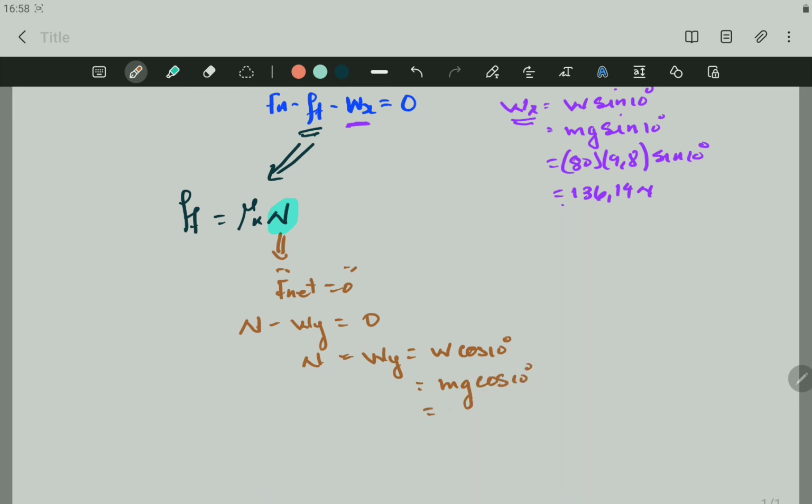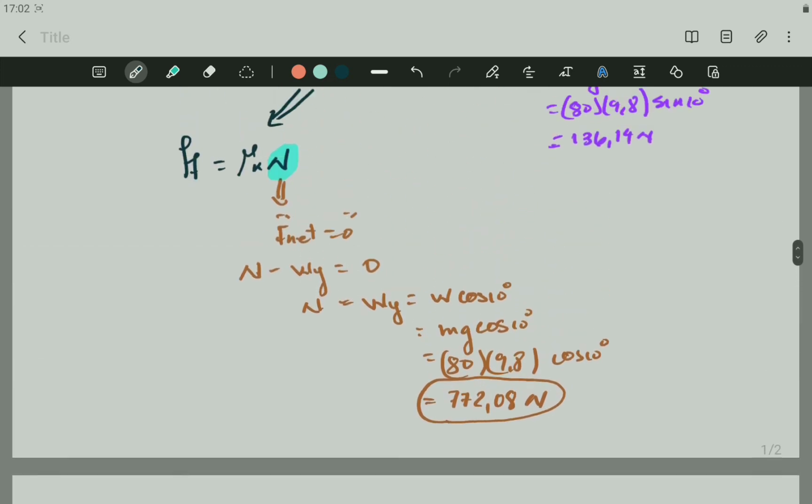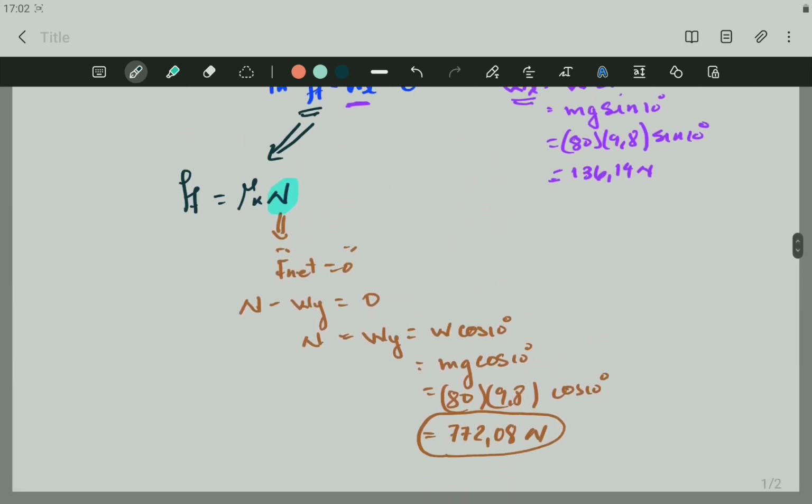If we substitute here, we have 80 multiplied by 9.8 multiplied by the cosine of 10 degrees, and the answer is going to be 772.08 Newton. All right, so now we have all the information to calculate the frictional force. Let's calculate it here.